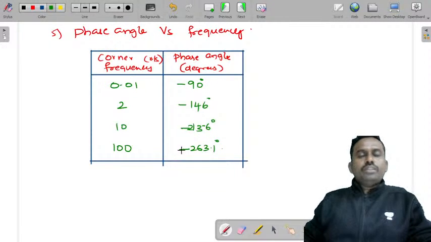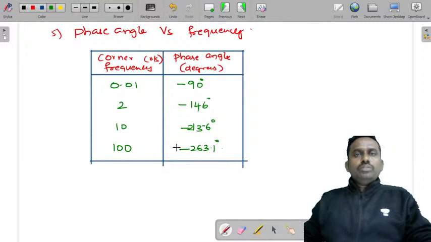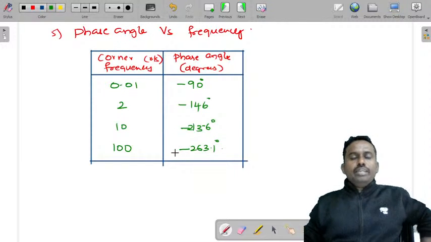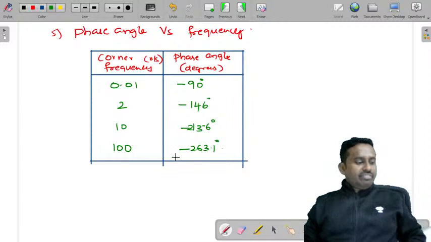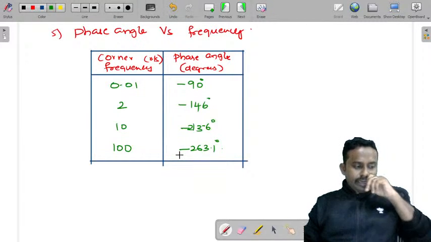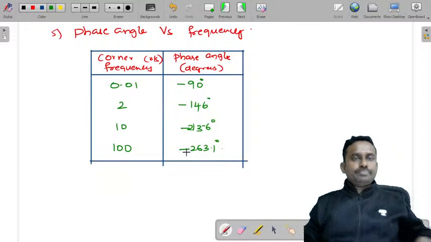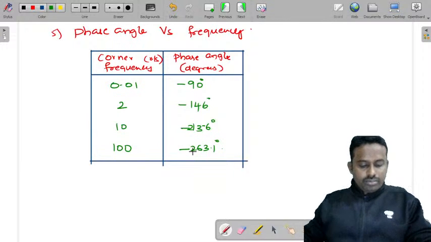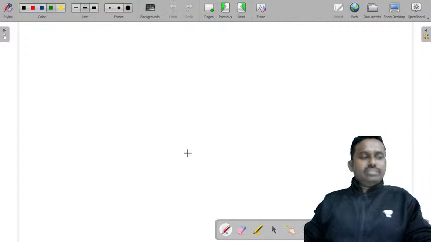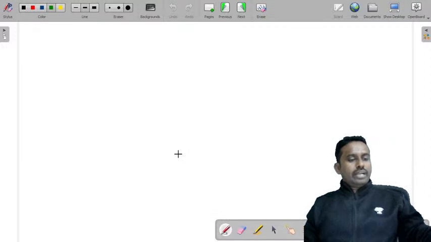Very good. Now, when you know this magnitude and phase angles, you need to plot this on a graph. I cannot exactly do that right now, so let's consider one plot. I'll roughly draw one graph and tell you how it looks.